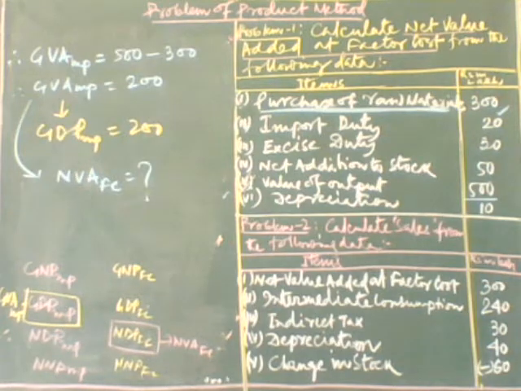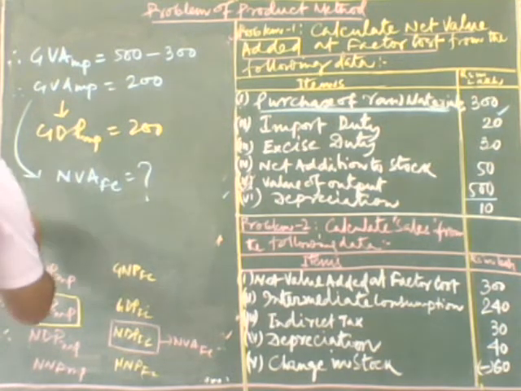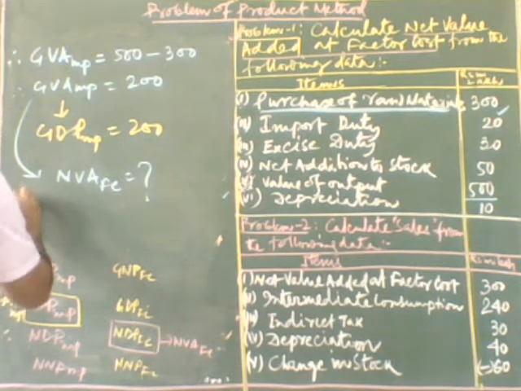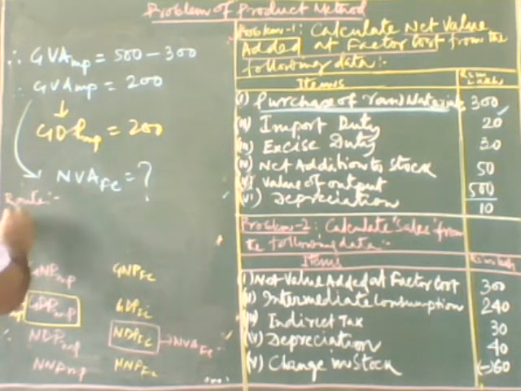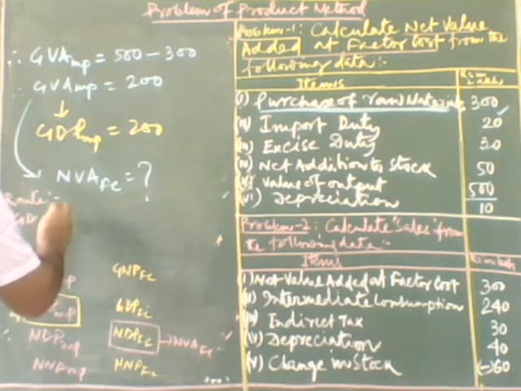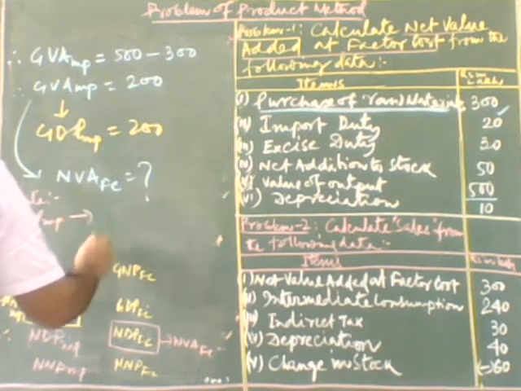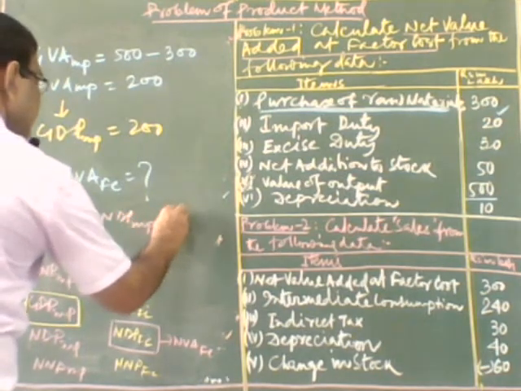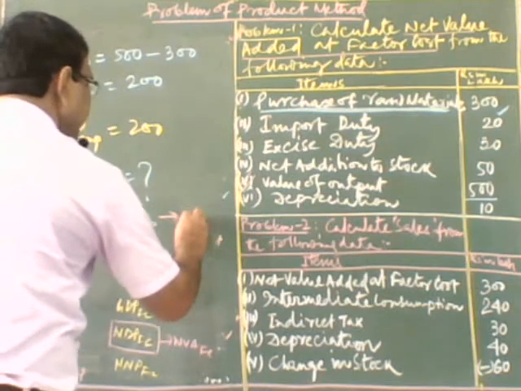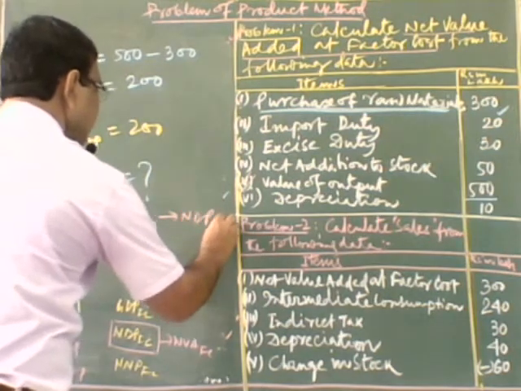So the route is GDP market price to NDP market price to NDP factor cost.